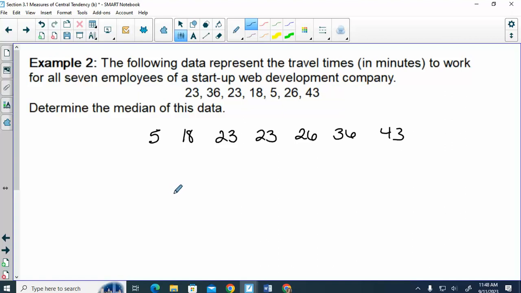So what's the middle? 23. You have 3 above and 3 below. If you have an even number of points, then what do you do? Add the middle 2 and divide by 2. Yep, average those middle ones so there's a single value. So our median is 23, capital M for median.